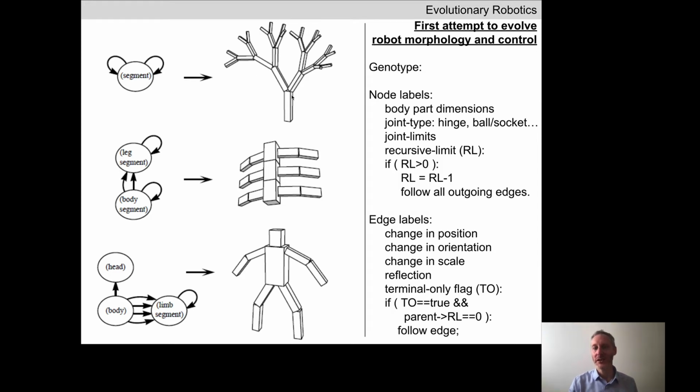What would this tree now look like? Any ideas? Feel free to type into chat or unmute yourself.